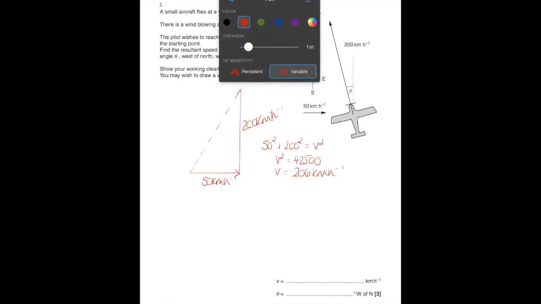The easiest way to do this, probably with my drawing, but yours might be slightly different, is if here is our north, what we're actually looking for in this case is this, our theta. It's slightly skewed from our one down here, but if you think about the drawing on this diagram from the question, here is our 200, here is our 50, so we are looking for this angle here, theta. There are a few ways in which you can do that.